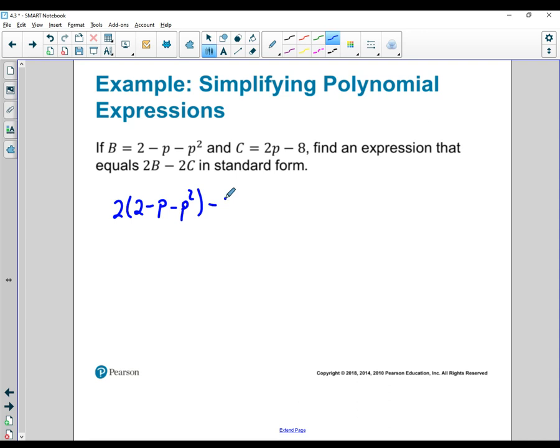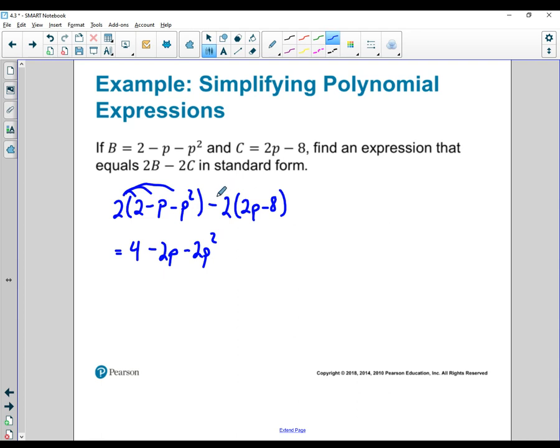And then minus 2 times c is 2p minus 8. I'm going to distribute. 2 times 2 is 4. 2 times negative p is negative 2p. 2 times negative p squared is minus 2p squared.